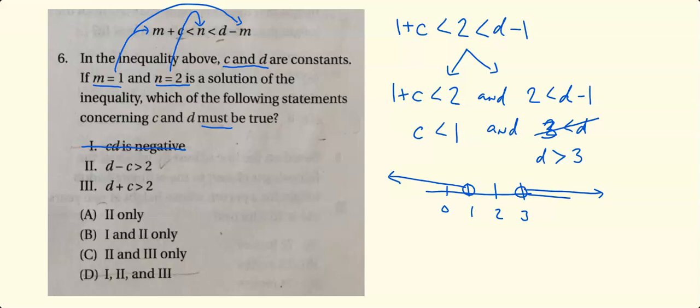This would have to be true. And then D plus C greater than 2, well, if C is some big negative number and you add it to D, then you're not going to get something greater than 2. So this one doesn't hold either. It's only 2.